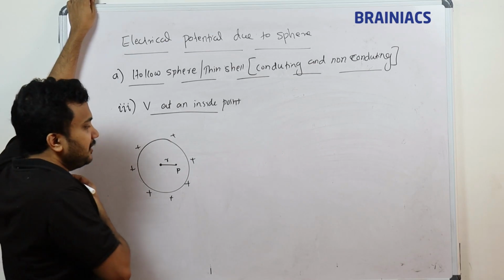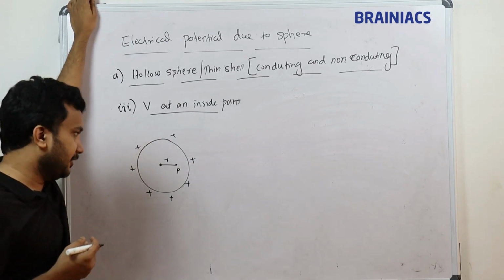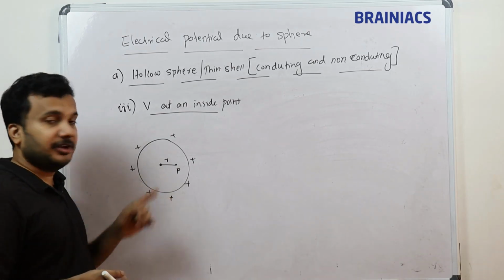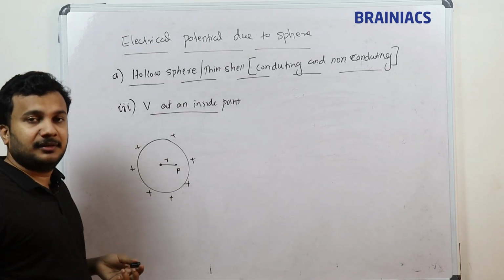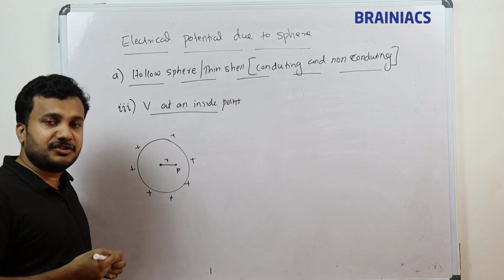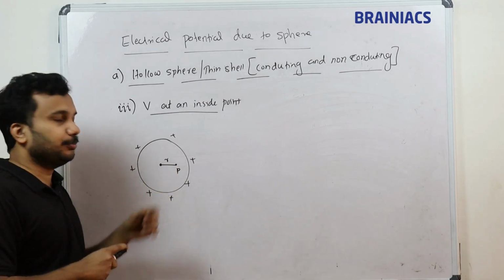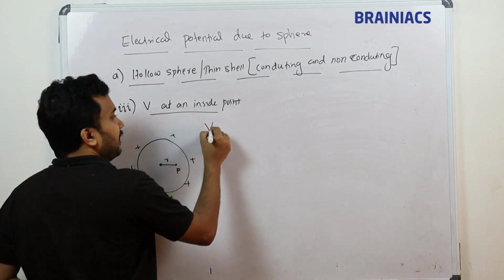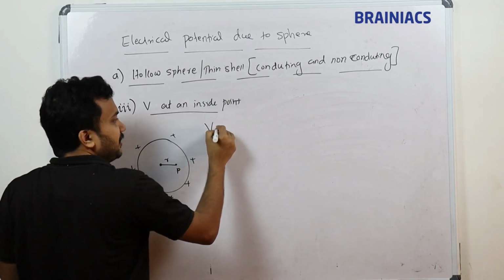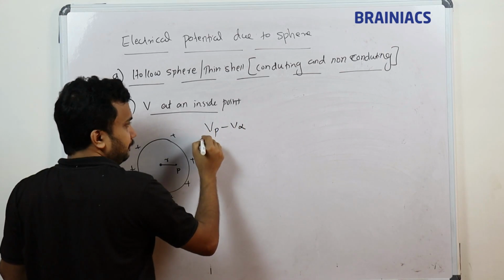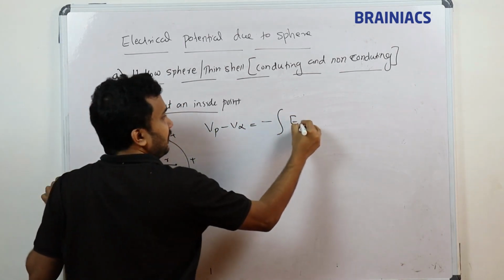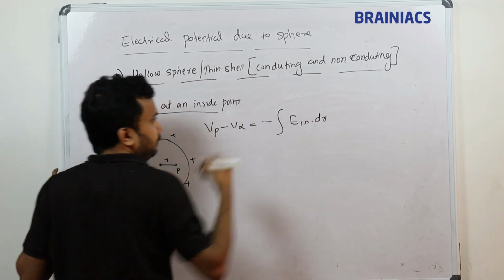In the previous examples, the potential at this point P is equal to the work done to bring a unit positive charge from infinity to this point, but here there is a problem. Normally we write Vp minus V infinity is equal to minus the integral of the electric field inside dot dr.